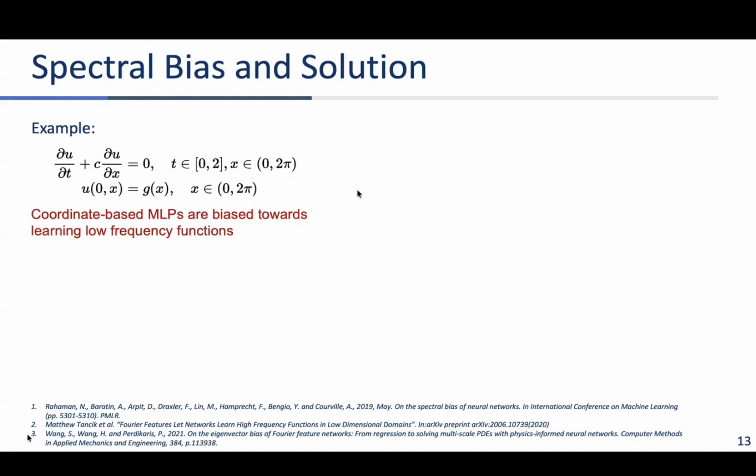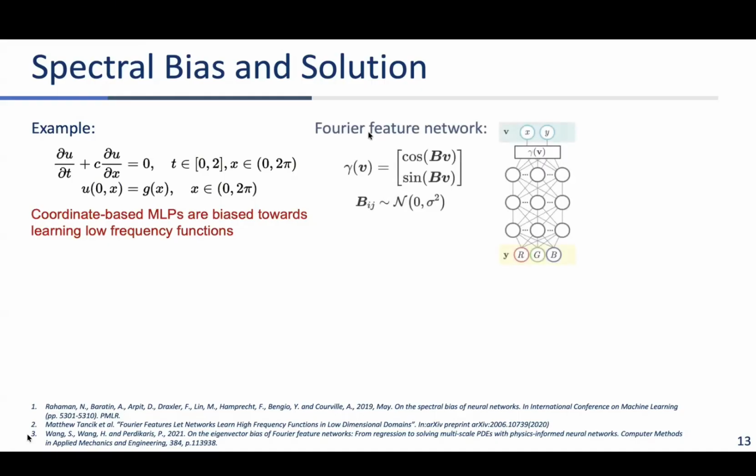And luckily, the machine learning community has already proposed an efficient solution called the random feature network. Compared to a standard MLP, this network first projects the coordinates, denoted by v, into cosine signals with randomly sampled frequencies, and we sample these frequencies from a Gaussian distribution with variance sigma.